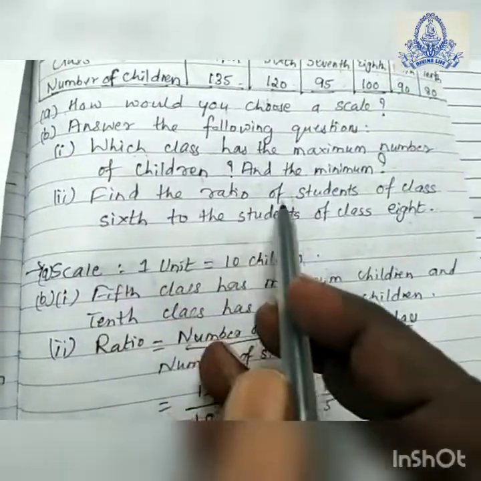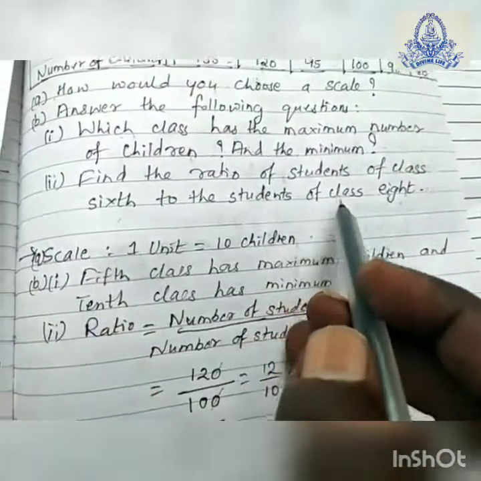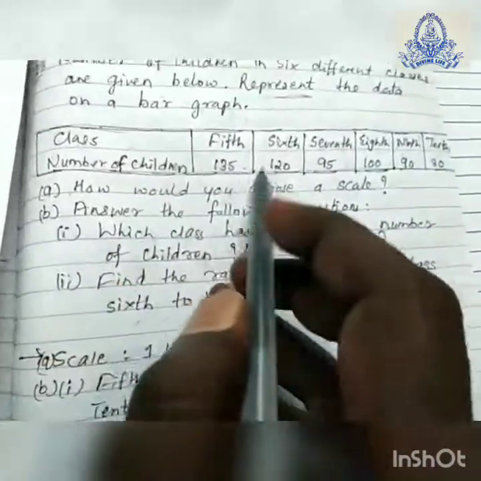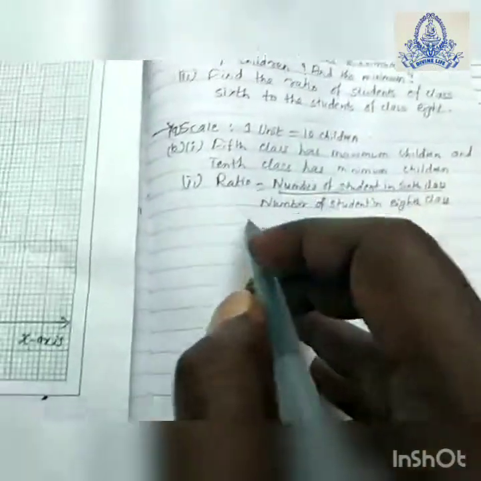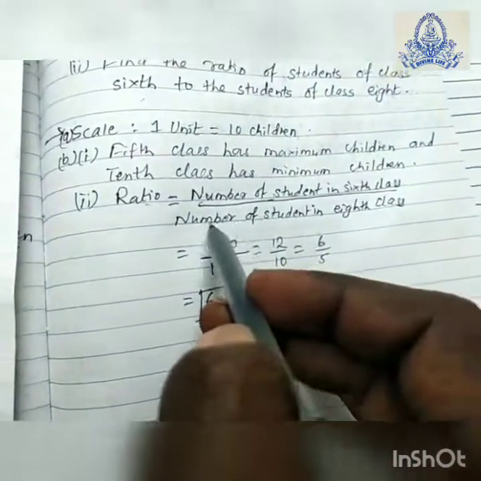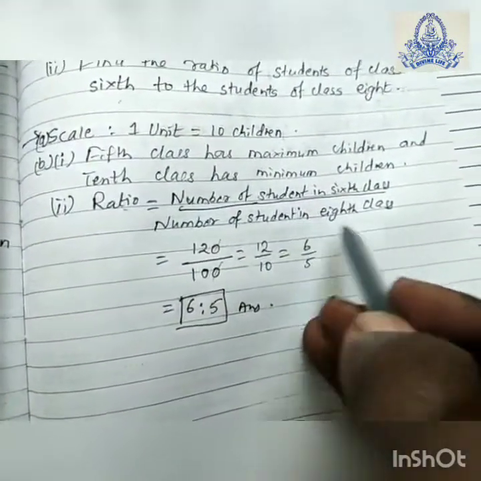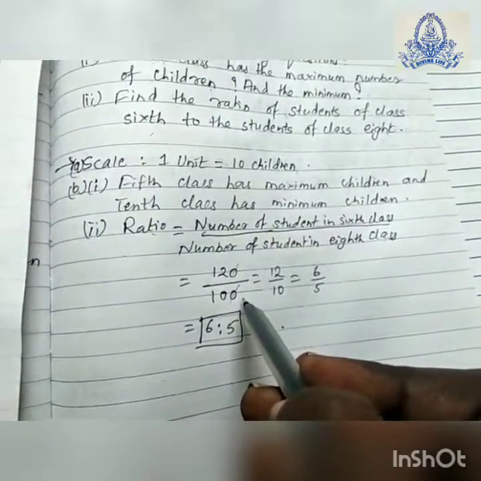Last question, find the ratio of the students of class 6 to the students of class 8. So we have to find the ratio of 6th and 8th, that is 120 and 100. The ratio formula is the number of students in 6th class divided by the number of students in 8th class. The number of students in 6th class is 120. In 8th class the number of students is 100.